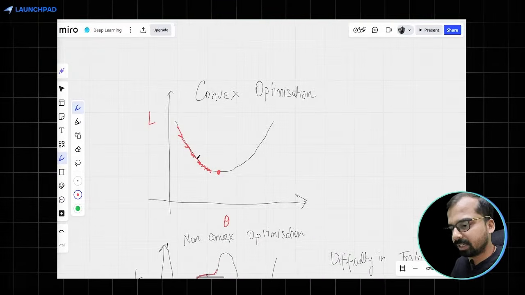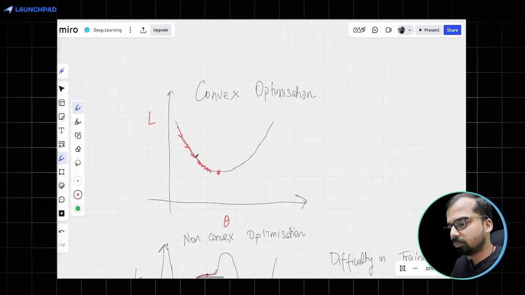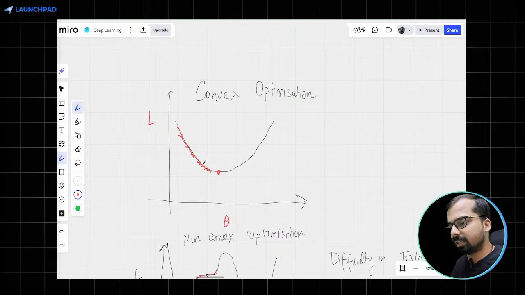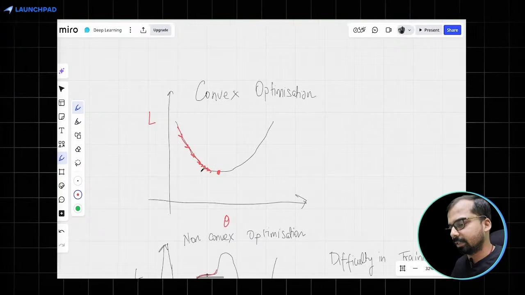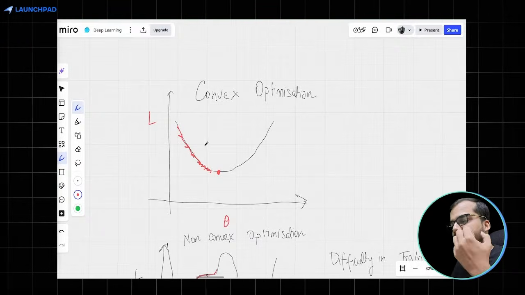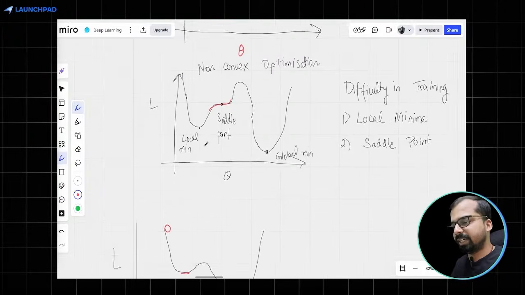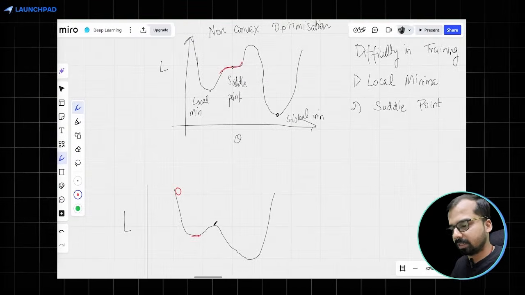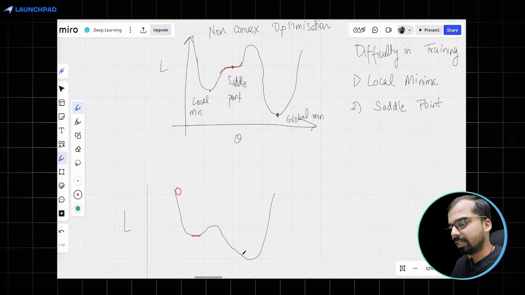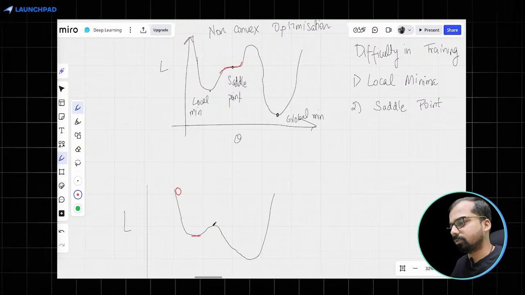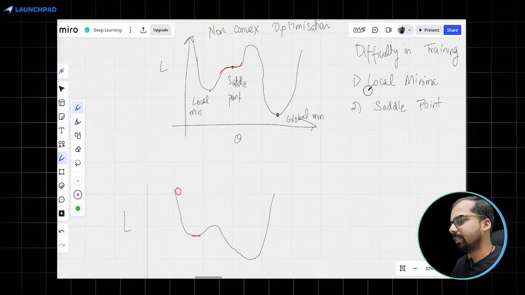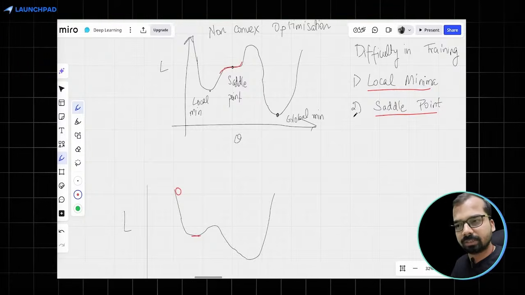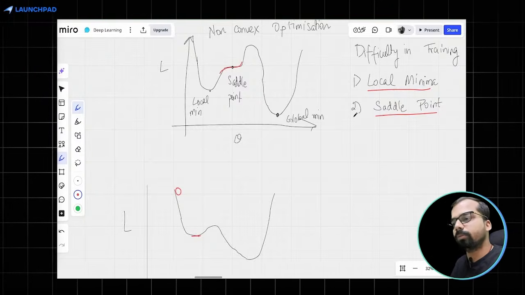If I was storing the previous slopes, then when I'm making the movement over here, because I know I was going down, down, down, I'll still make a larger change. So the speed will be faster, and if the speed is faster at the bottom, there is a chance that I will overshoot this minima. If I reach somewhere over here, I'll again go down and down. So it also helps in tackling these two challenges and increases the convergence speed. By convergence, I mean reaching the global minima.